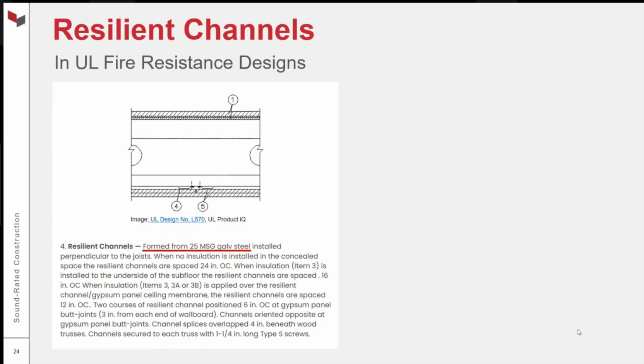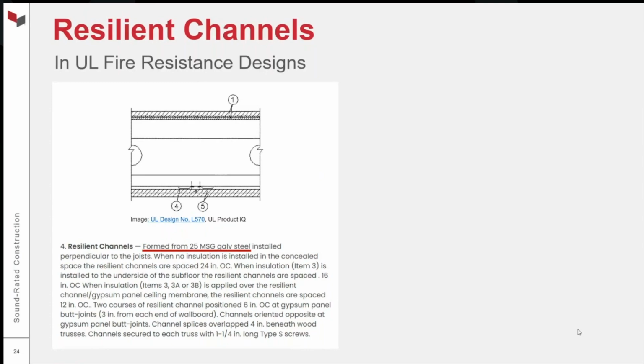And I'm highlighting an excerpt from UL design number L570. It's a wood I-joist floor ceiling assembly. You can see the resilient channels there in the image, item number 4. And this is how item number 4 is described in that design. It just simply says resilient channels formed of 25 gauge galvanized steel.